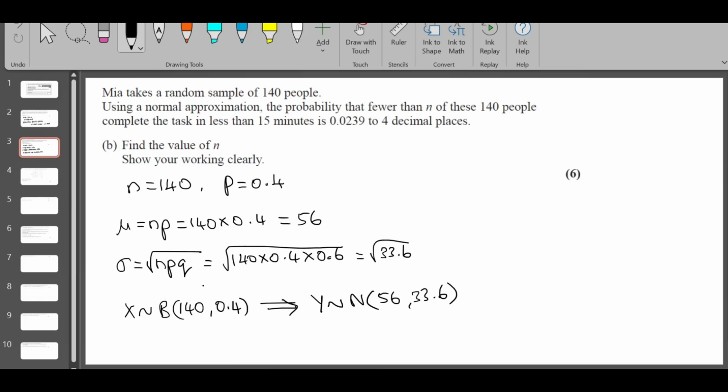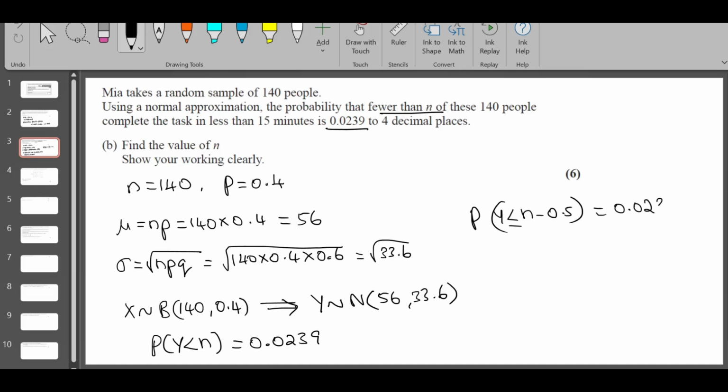So when they say probability of Y is fewer than n, and the probability is given as 0.0239, apply the continuity correction. You can write it as Y is less than or equal to n minus 0.5. Standardize the normal distribution.